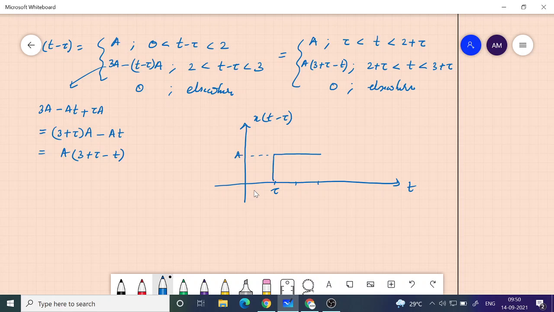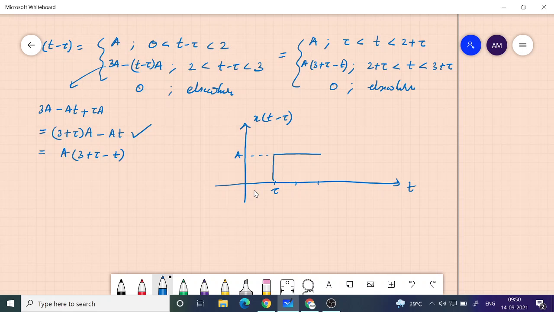And then we have another expression for a line. If you look at it, the slope of the line is minus a. If you look at this expression, it is in y equals mx plus c form. So minus a is the coefficient of t, which is the slope of the line.